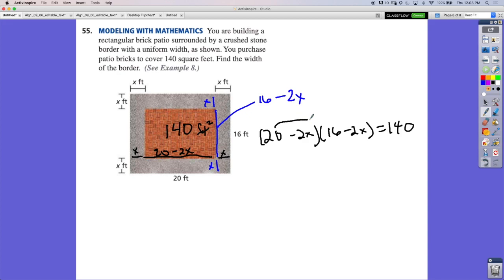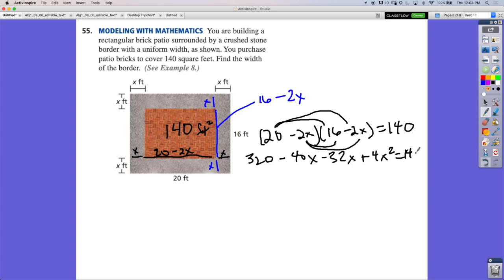Okay, so now let's multiply this out. 20 times 16 is 320. 20 times negative 2x is negative 40x. Negative 2x times 16 is negative 32x. And then negative 2x times negative 2x is positive 4x squared.